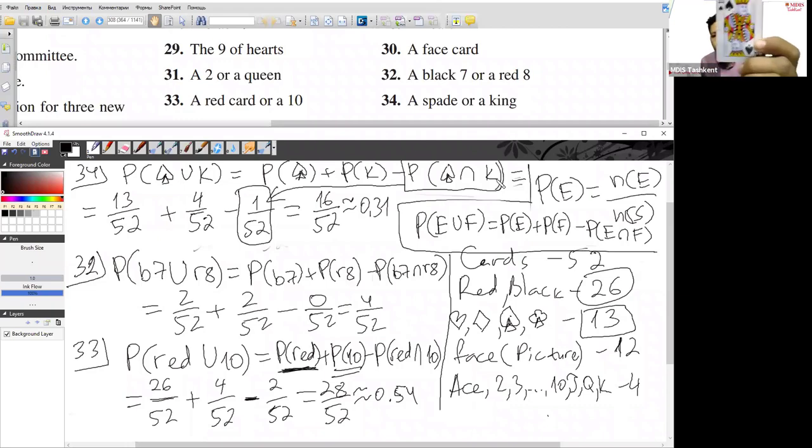Therefore, it is 1. We have only 1 such card. And we're counting this twice. When you count spades and kings, we're counting this twice. Therefore, we subtract 1 of them. Okay. May I clean this? Very clear. Okay. Then I will clean.